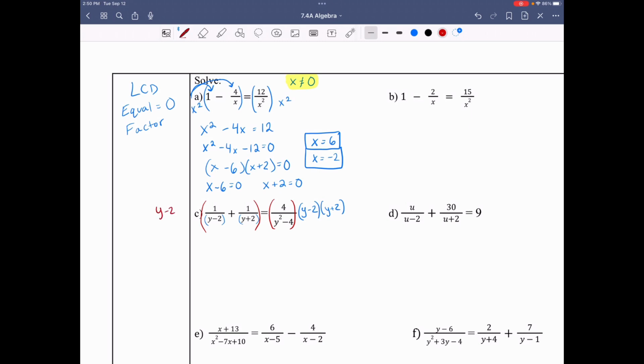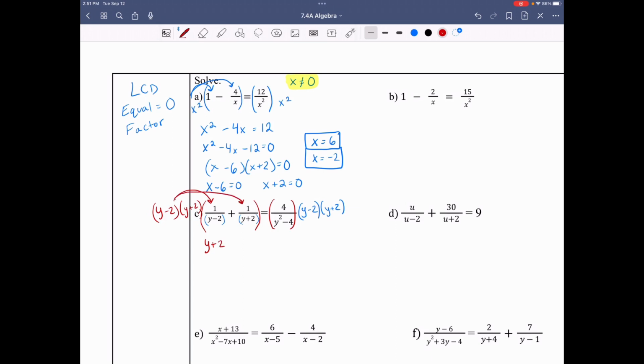So y minus 2 times y plus 2. All right, for the first one, if we multiply this 1 times all of that, we get all of that, except the y minus 2's cancel, so we're just left with y plus 2 for that first distribution.